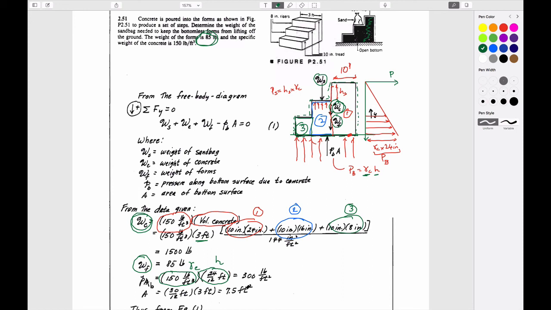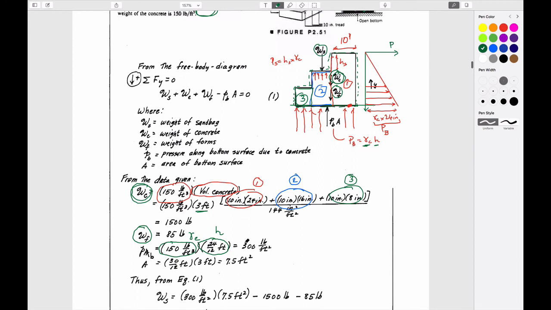That is the pressure. And if we multiply the pressure, which is this magnitude here, by the area, which is 30 inches across here and 3 feet into the page. So this is 10 inches plus 10 inches plus 10 inches, right?